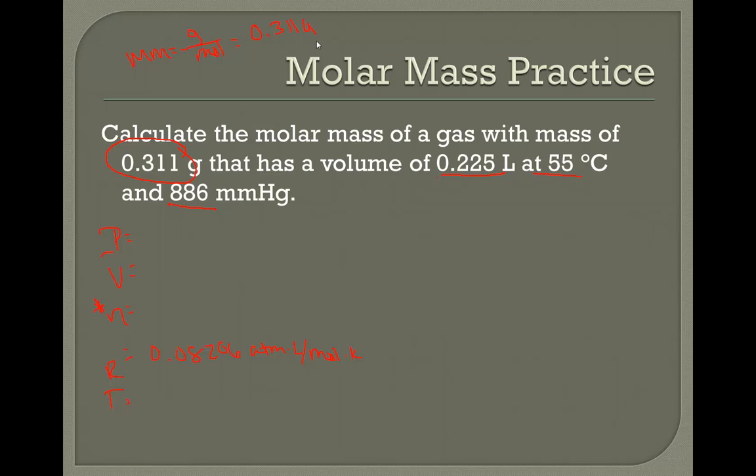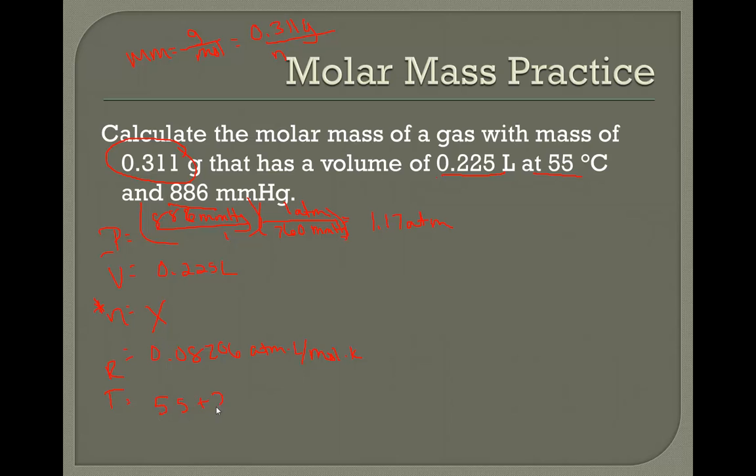Alright, so pressure is 886 over 1. Gotta convert that over to atms. And that comes out to be 1.17. Volume is 0.225 liters. n is what we're looking for. And temperature is 55 plus 273 because we need it in kelvins.